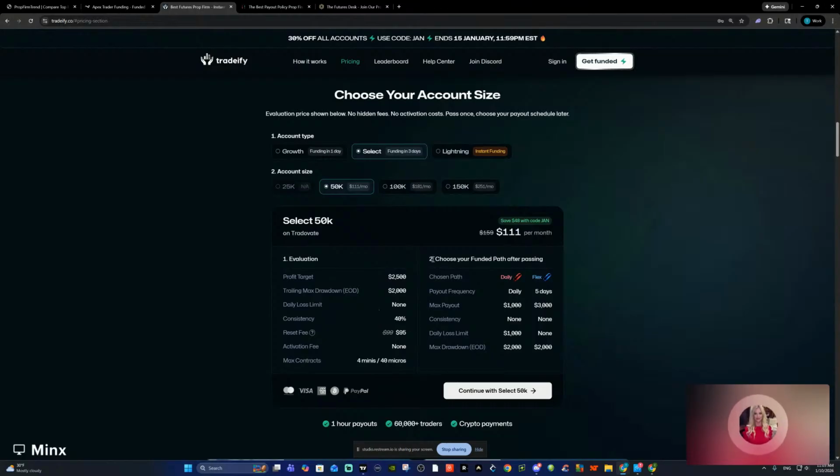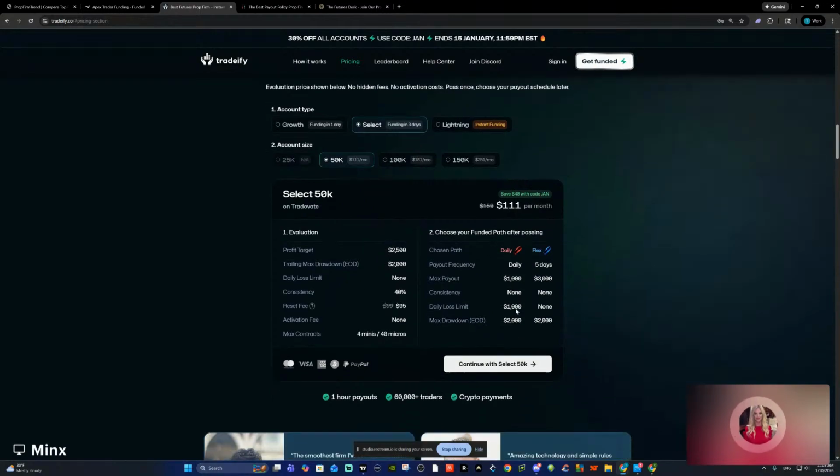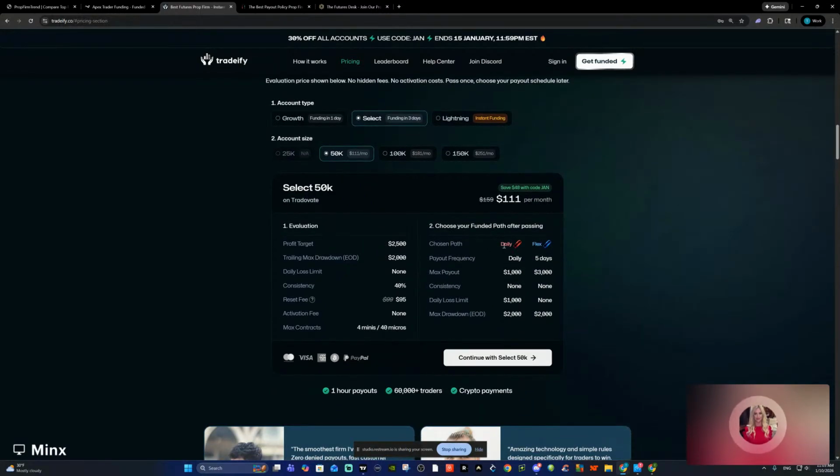And once you're funded, this is where you can either select to get daily payouts or to get payouts every 5 days, which is actually here on the right side where it says daily. I don't know, they put red pill and blue pill, but I choose daily. I can go in and request daily payouts, which is here a maximum of $1,000 if you do a 50K account.